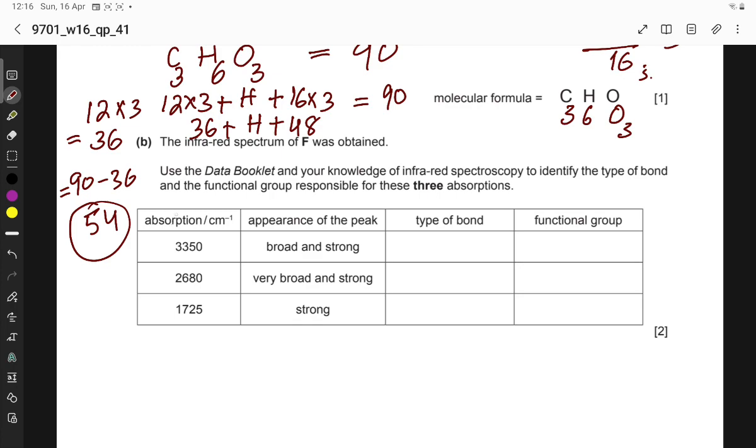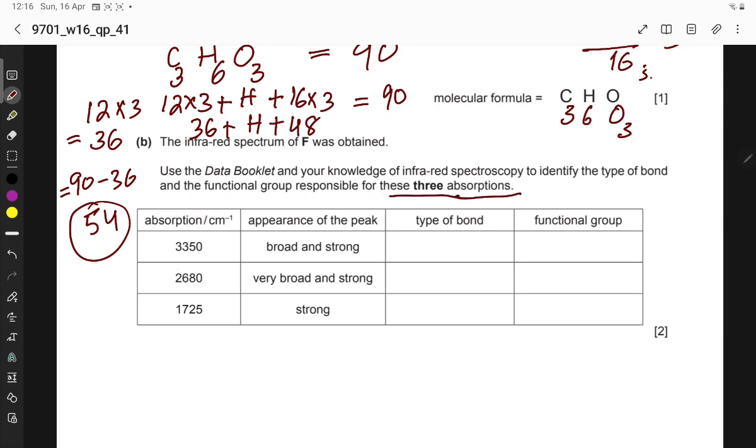So next, the infrared spectrum of F was obtained. Use the data booklet and your knowledge of infrared spectroscopy to identify the type of bond and functional group responsible for these 3 absorptions.